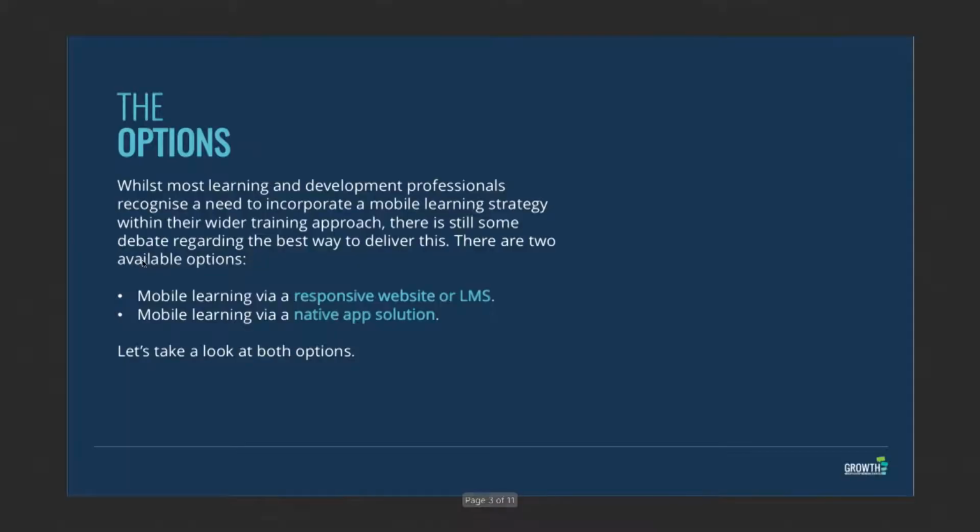So this is why it's really, really important for us to understand the difference of a responsive LMS and a native app. Okay, so this is what this is going to clarify. So in most LMS environments, there's a choice to be made, right? Most LMSs, learning management systems, are web-based. So you can deliver that LMS experience on your mobile phone through what's called a responsive site.